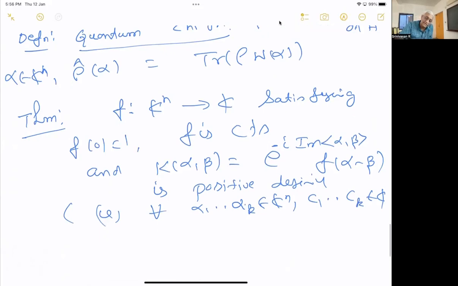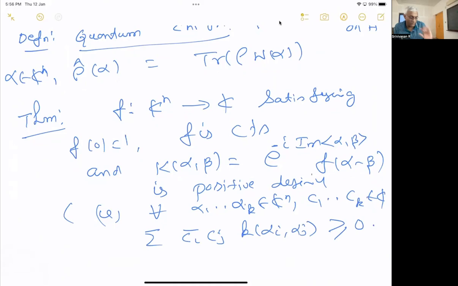Okay, the summation over i, j of c_i bar c_j f of alpha_i, alpha_j is greater than or equal to 0.